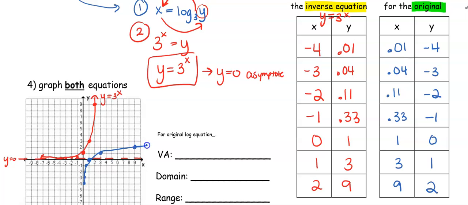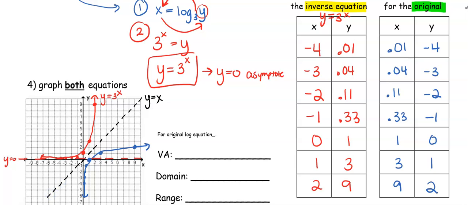So notice that the log is not going to have that horizontal asymptote. If you remember way back when we first learned about inverses, we find the inverse relationship by flipping the x and the y, which is coming about from the reflection over the line y equals x.